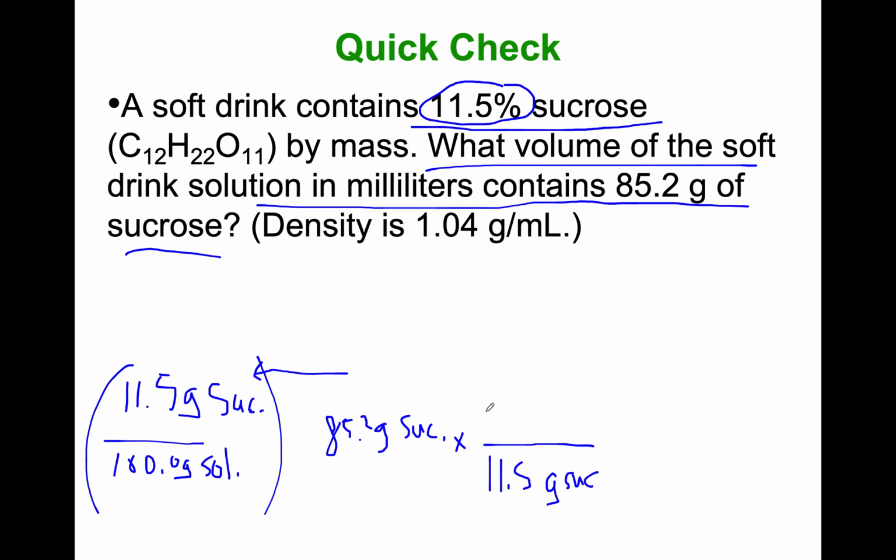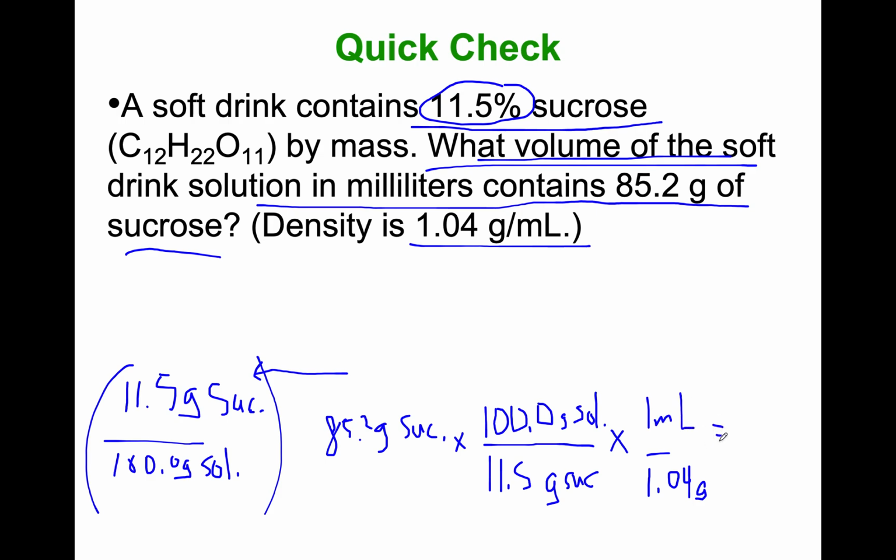Remember, now we're inverting the mass percent, so that's 100 grams of the solution on top. But the problem didn't ask for grams of solution. It asks what volume of the solution, or what volume of the soft drink. In this case, you're not given a density equal to 1, so you have to put in this number to do the calculation. That's 1.04 grams per 1 mL.